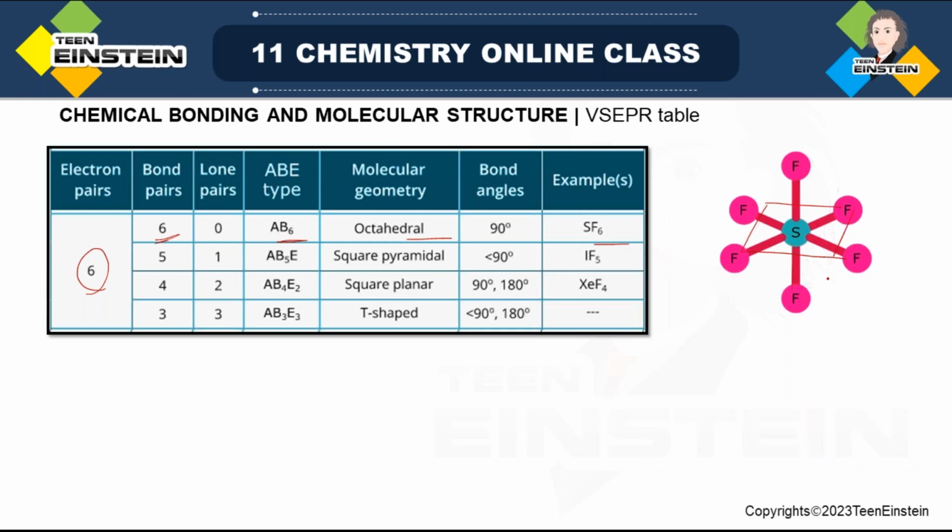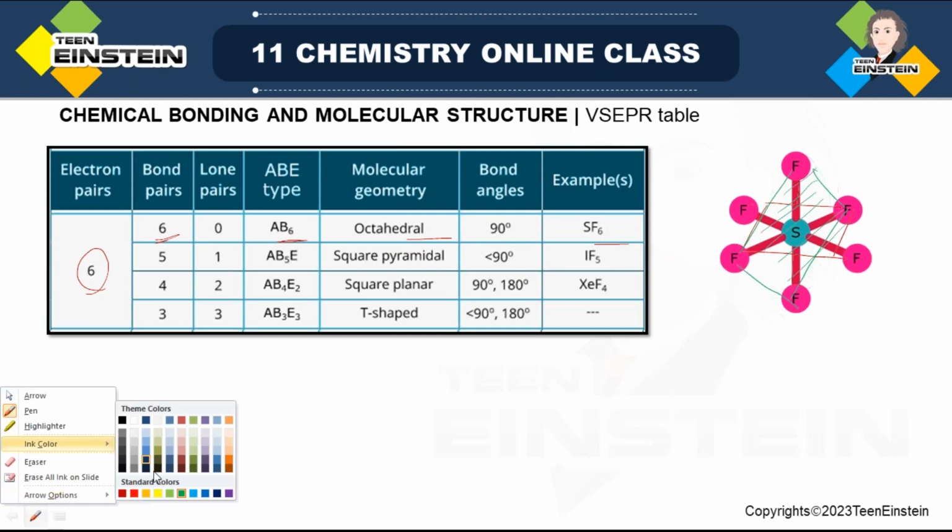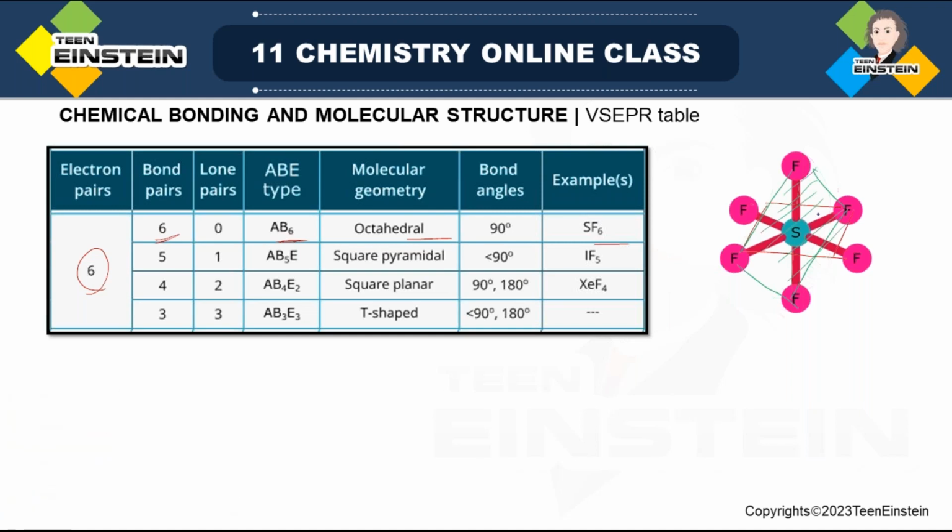But you can also imagine it in another way. Rather than joining these fluorines, you can also join these 4 fluorines. Then also you are getting a square plane, right? So different possibilities are there. You can look at it from a different angle.